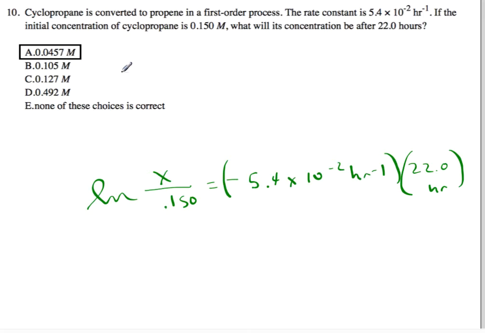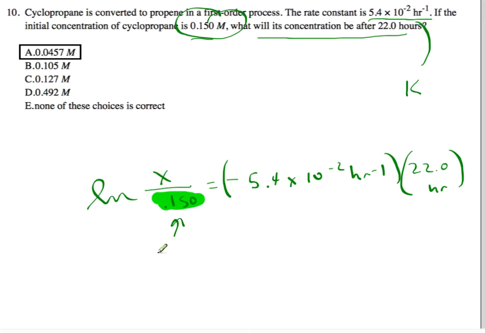Cyclopropane is converted to propene in a first order process. The rate constant, so they give me k, is right here. If the initial concentration is that, what will its concentration be after 22 hours? Same thing, it's going to be the integrated rate law. This is my initial concentration, which means that's going to end up down there. So I'm going to plug in my initial concentration right there. They're telling me k is 5.4 times 10 to the negative second.